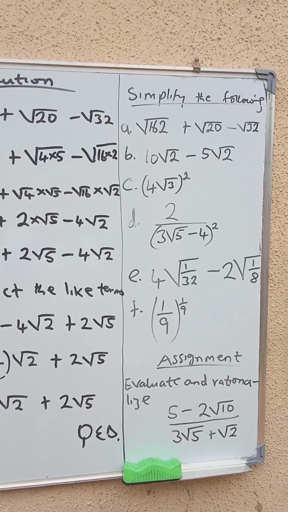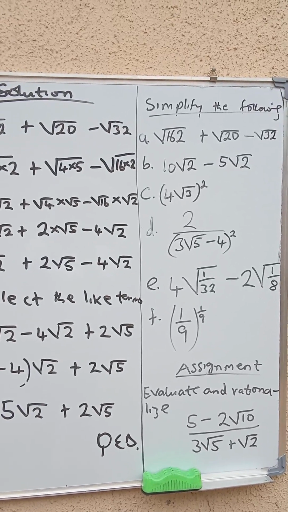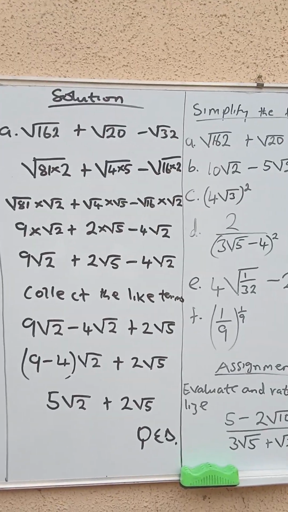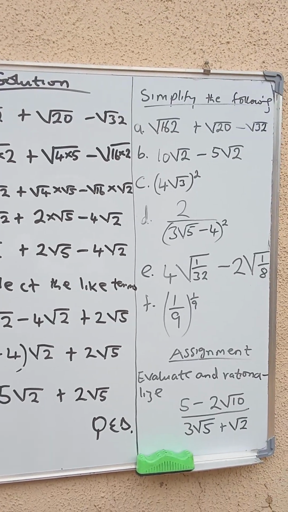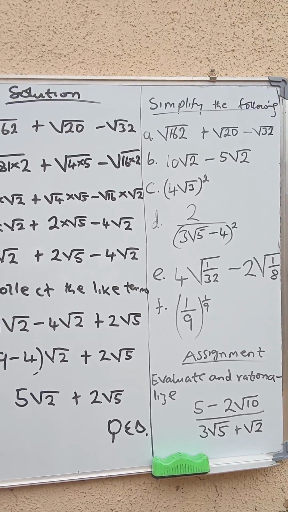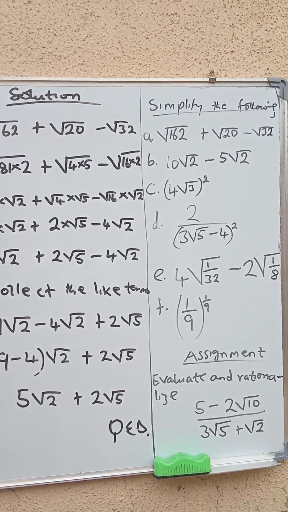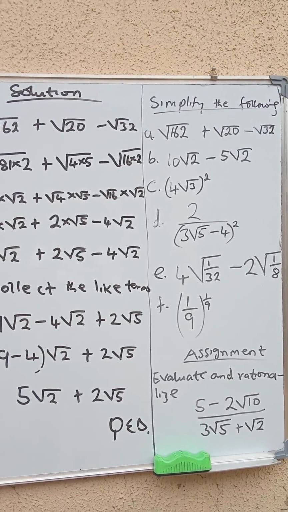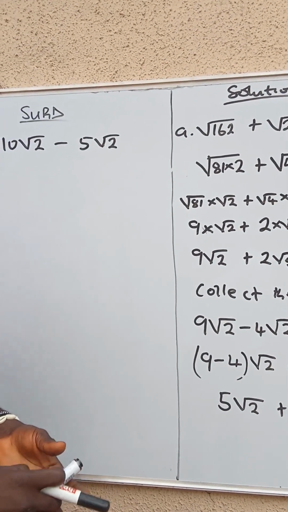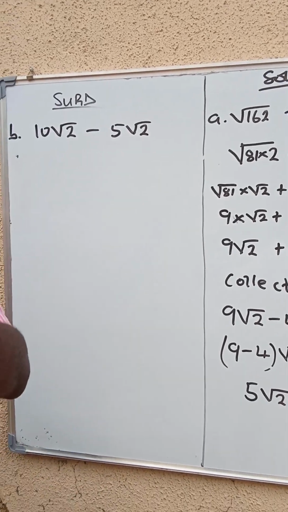So B, we're given 10 root 2 minus 5 root 2. So what do we do? Yes, you have gotten it.